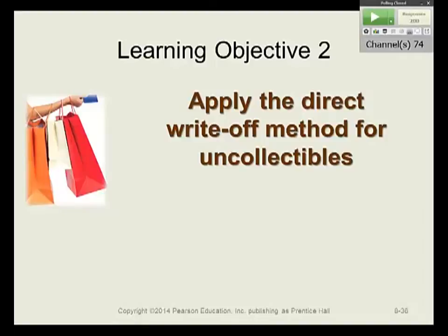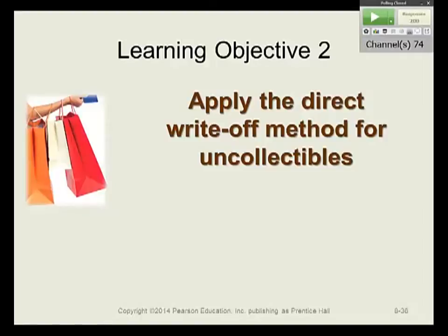Now, to do that, we have to think about accounting for uncollectible accounts. So how do we account for uncollectible accounts? The first part of this second learning objective, we're going to use a method known as direct write-off.